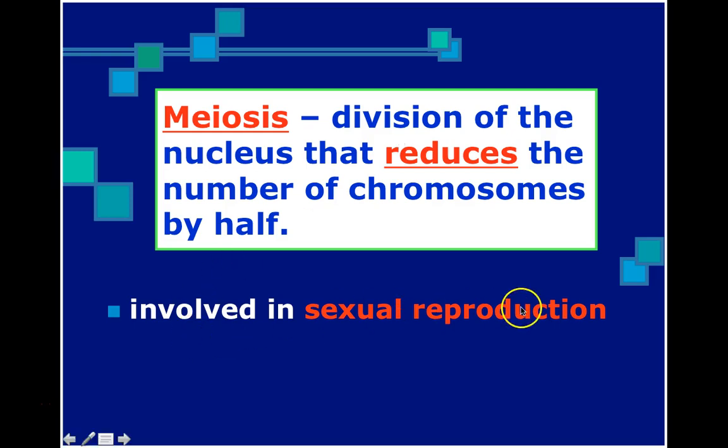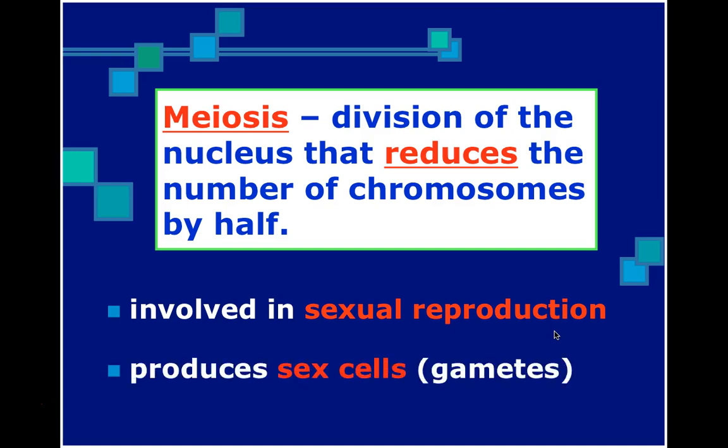This only happens in sexual reproduction. Mitosis, which is what we've discussed before, only happens in asexual reproduction, so there's another difference. Mitosis produces body cells, and meiosis produces the sex cells or the gametes. So the only product of meiosis is either going to be a sperm cell or an egg cell.